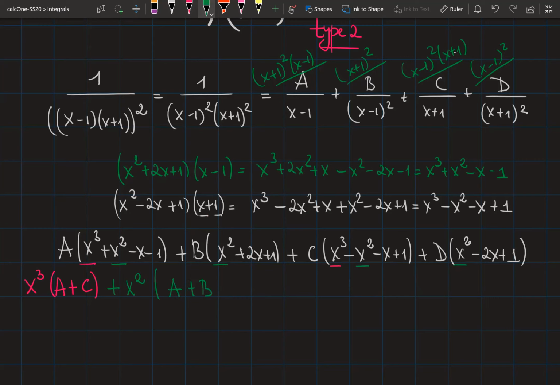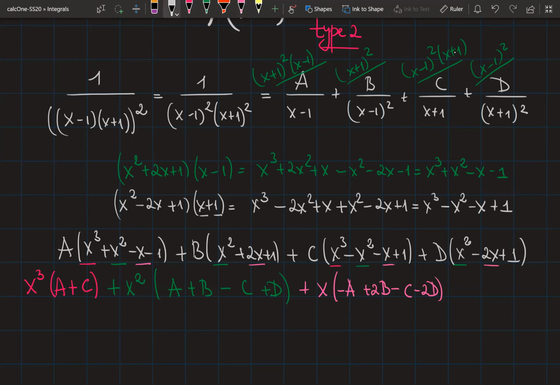Now we need to write down the terms with the x. I see the terms with the x here, here, here, and here. So let's write this. x is going to be minus a plus 2b minus c minus 2d. And the rest is going to be the terms without any x.